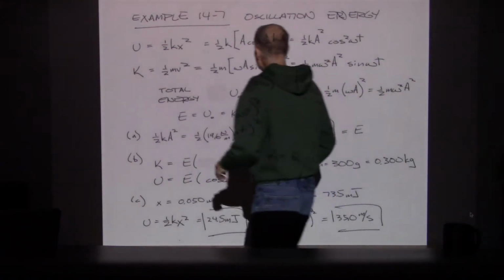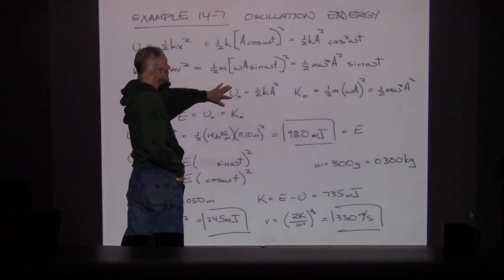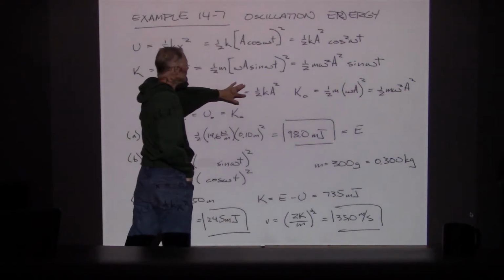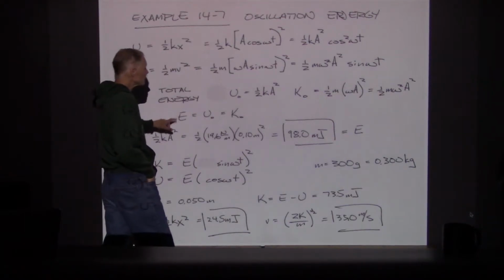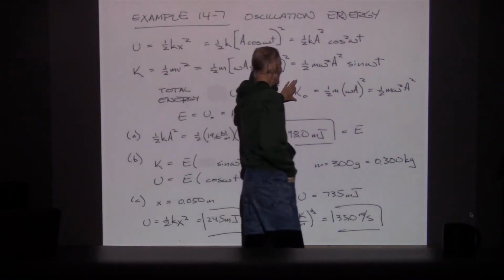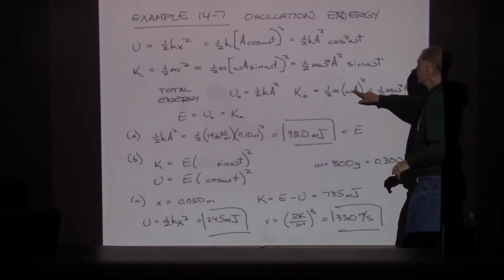And then the total energy, now I wrote this as maximum, the maximum amount of potential energy would be given by 1/2 ka squared. Well, that's the total energy in the system. The maximum amount of kinetic energy would be 1/2 m omega squared times a.